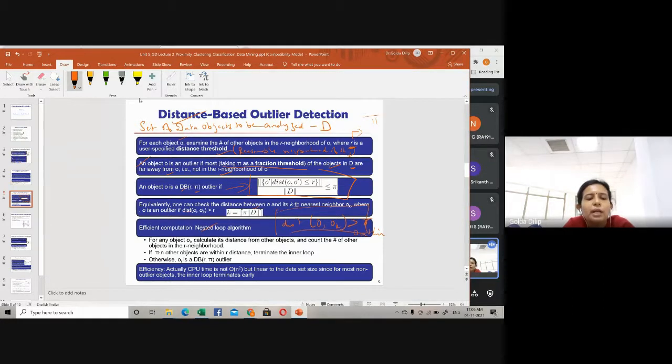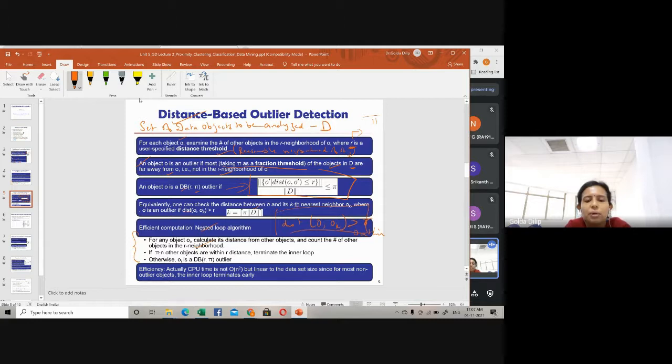For any object Oi, this is what the nested loop algorithm tells you to compute: check the r-neighborhood for every object. When I say Oi, i will be between 1 to n. We can calculate the distance between Oi and the other objects and count the number of objects that are in the r-neighborhood of Oi.